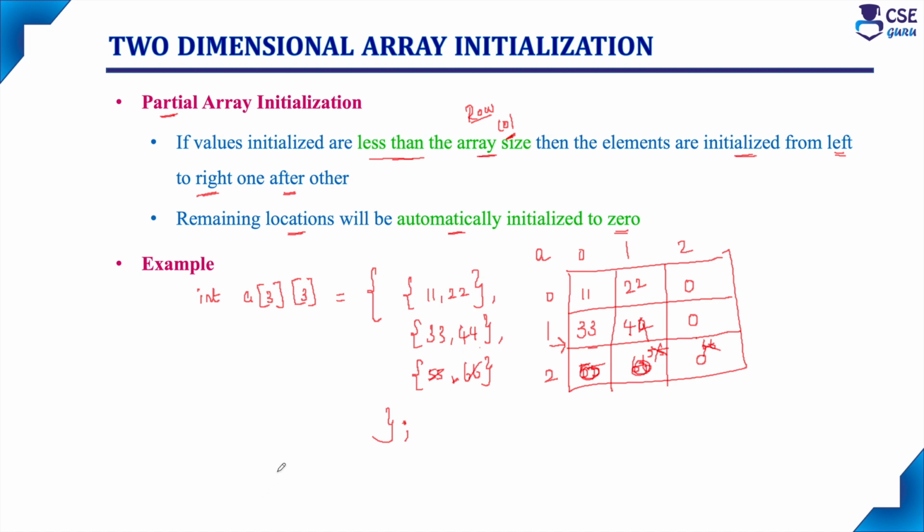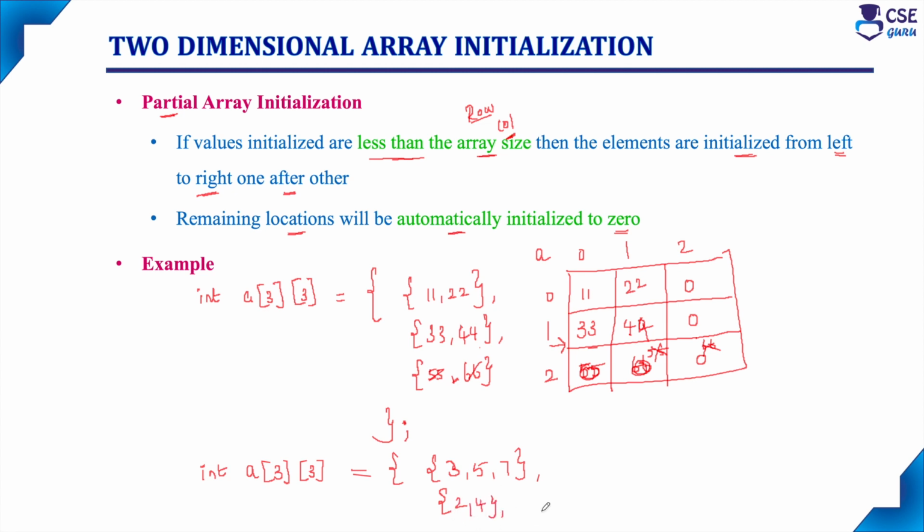And one more thing we need to consider. Suppose here I have declared int a[3][3]. And in the first row, I have specified 3 values: 3, 5, 7. In the second row, I have specified only 2 values, 2, 4.